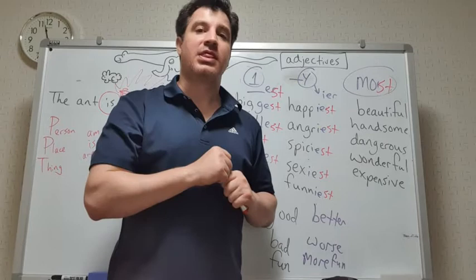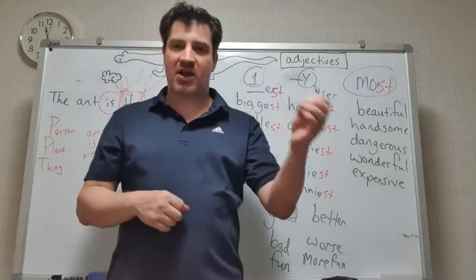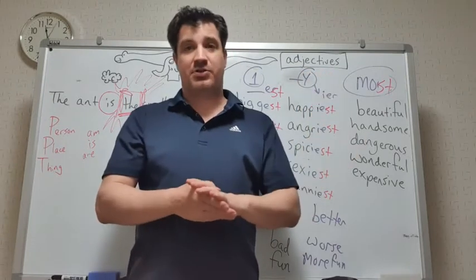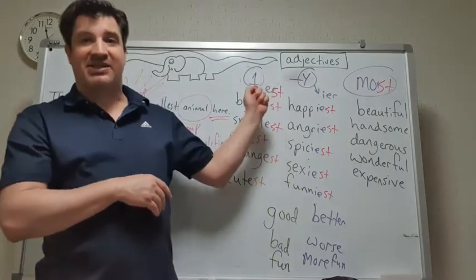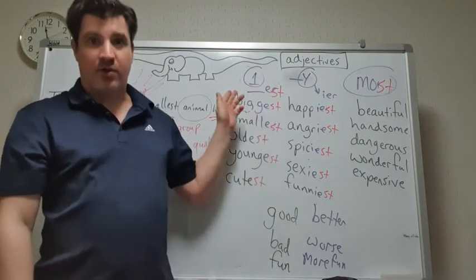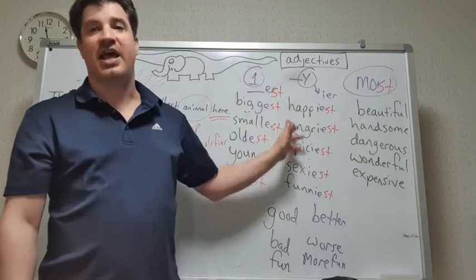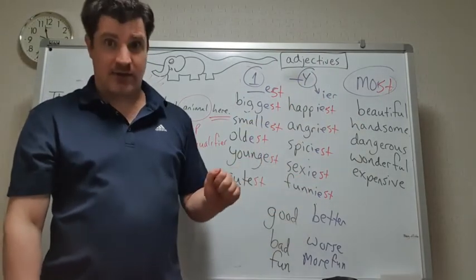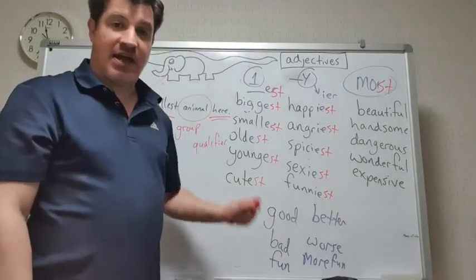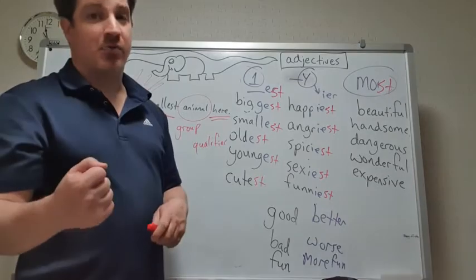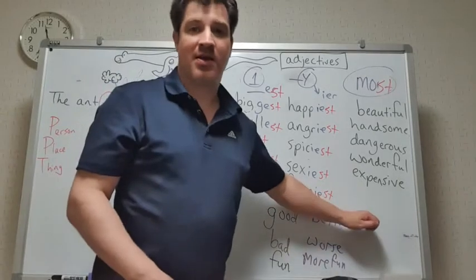So, the rules to make superlatives are very, very similar to making comparatives. It is still based on syllable count. Is it 1 syllable, 2 or more syllables, or does it end with Y? And with that, good, bad, and fun are still crazy words that do not follow the rules. Good, better, best.